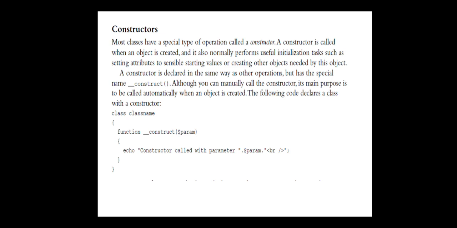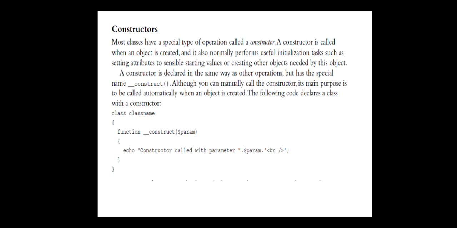So a constructor is declared in the same way as other operations but has a special name, that is you should put double underscore. Okay, when you're defining the constructor you should put double underscore, the double underscore construct function. Although you can manually call the constructor, its main purpose is to be called automatically when an object is created.